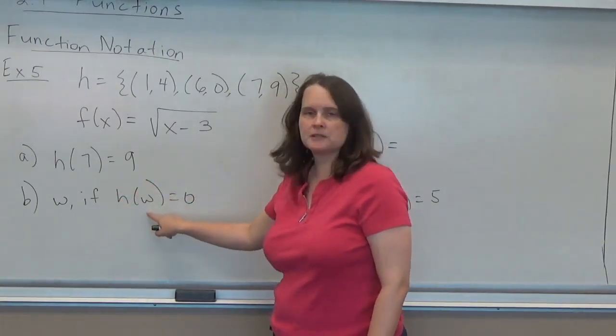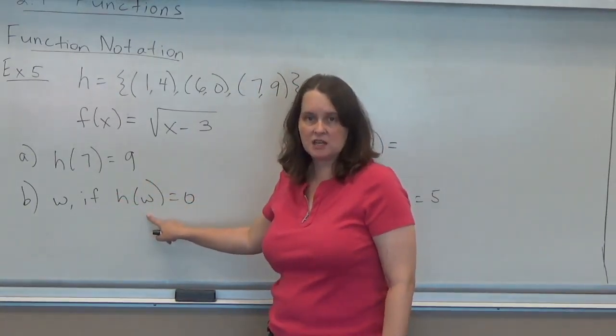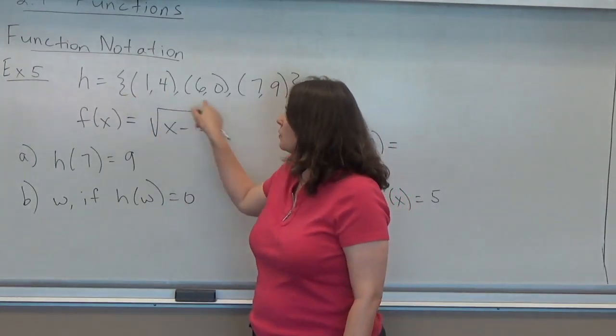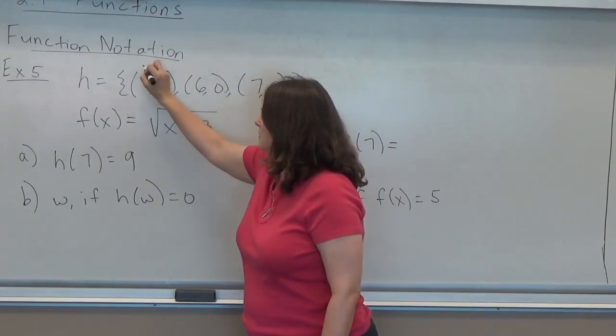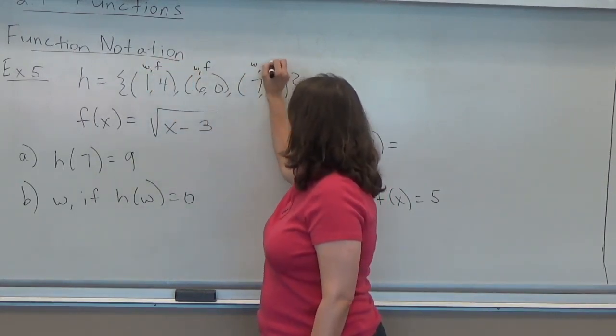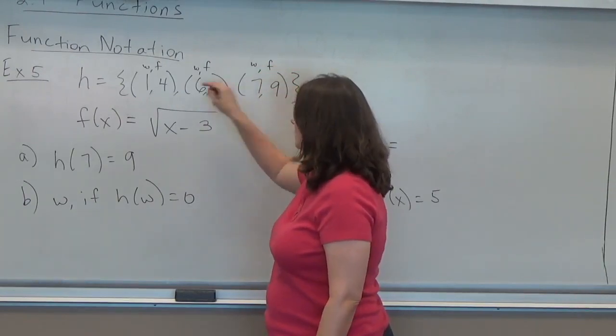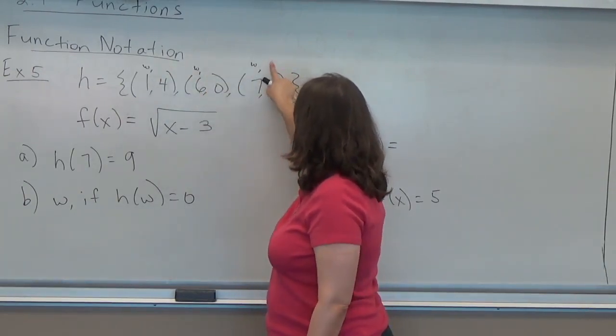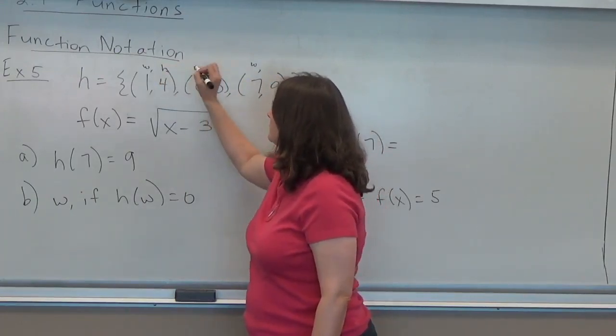The inside of the parentheses is always like the x, which is the input. So going to the h function, I've got these ordered pairs where we've got w comma h. The h is like the y value.